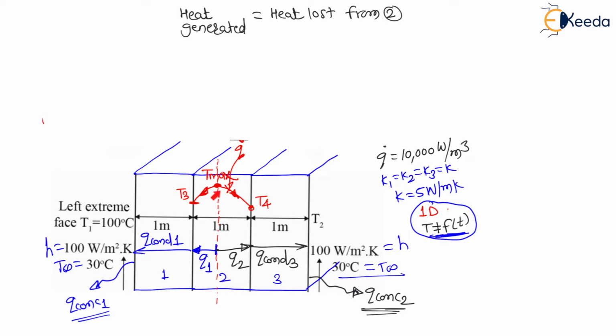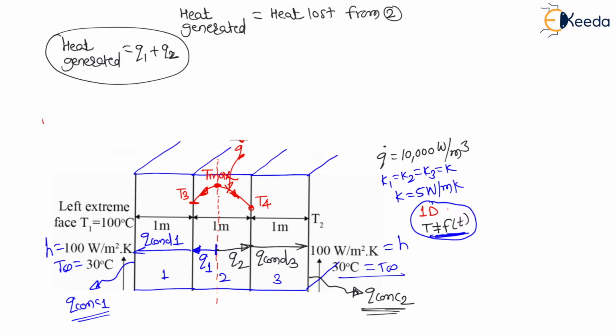Now here, from the center slab, the heat loss is towards the left, Q1 amount, and towards the right, Q2 amount. Therefore, the heat generated must be equal to Q1 plus Q2. So my dear students, our target is to find the heat generated, Q1 and Q2. Heat generated is nothing but, here Q dot is the uniform heat generation rate in watt per meter cube.